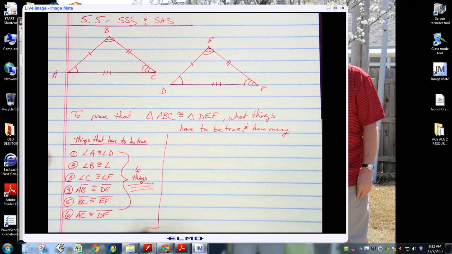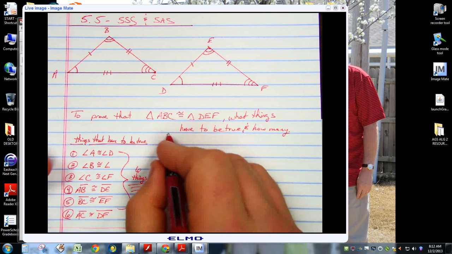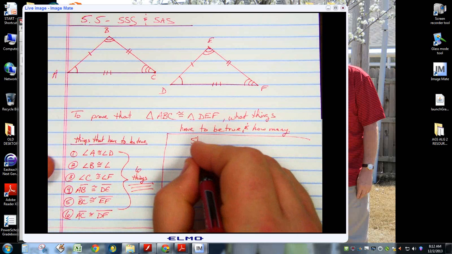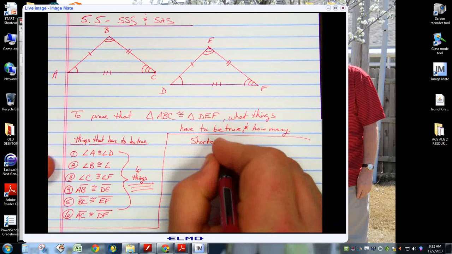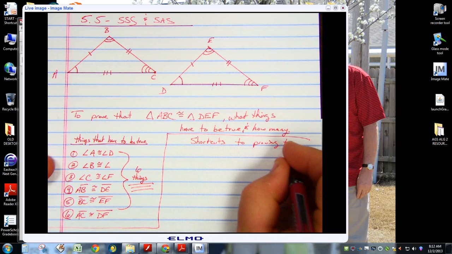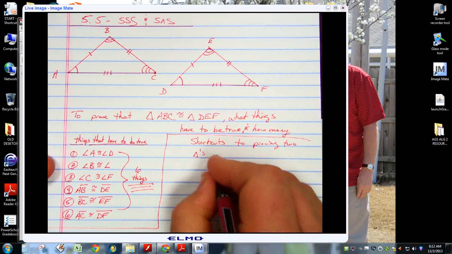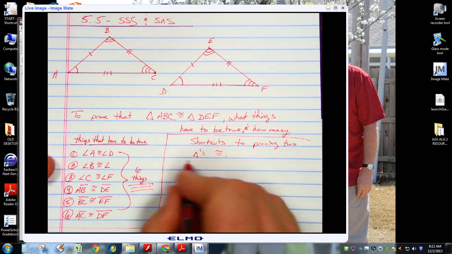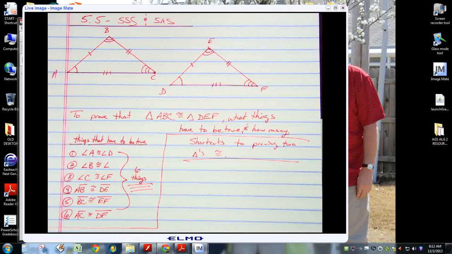What we're going to talk about to finish up this chapter are shortcuts to proving two triangles congruent, where we don't have to prove six things. Right now, with the information you've been given so far, you have to prove six things.